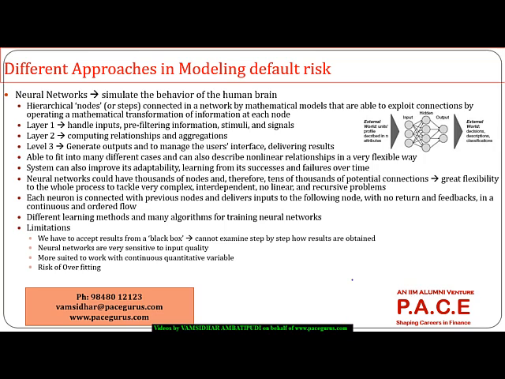Whereas in a neural network, we are trying to simulate the behavior of a human brain. So we have a set of inputs, we have a set of outputs, and there are some hidden layers. Hidden layers are taking care of computation of the relationships and the aggregation between the various inputs.